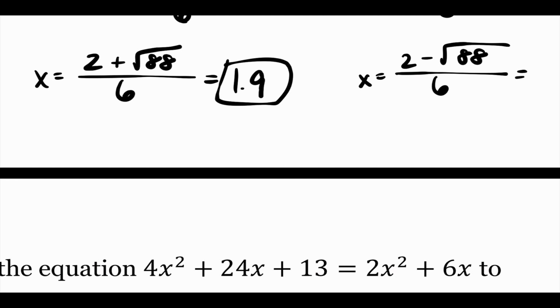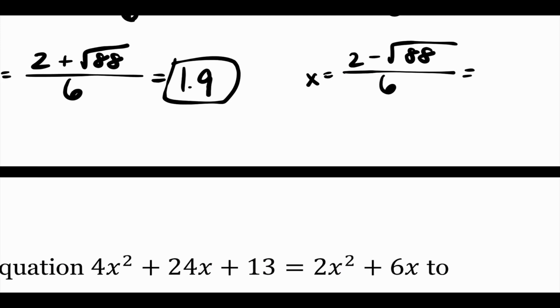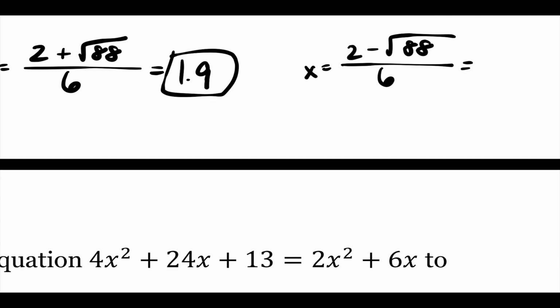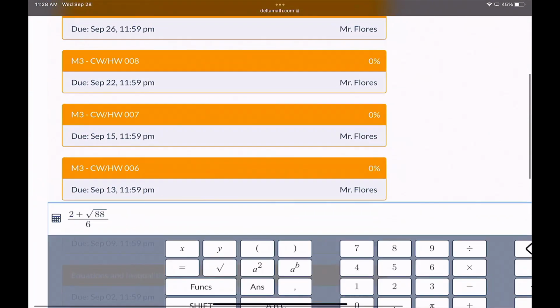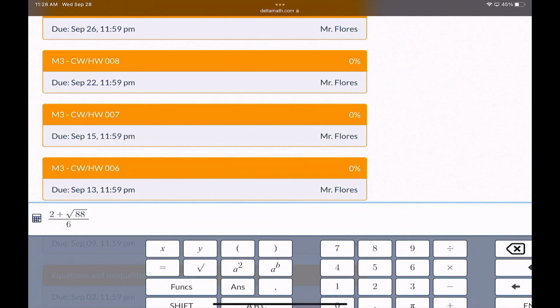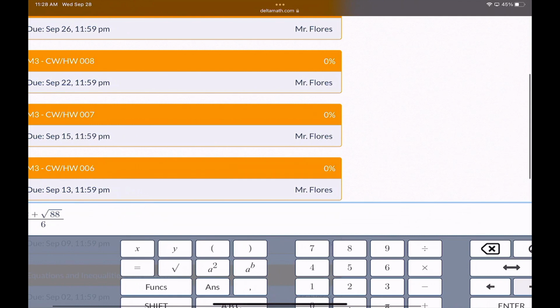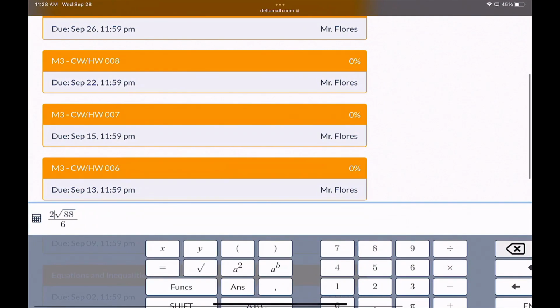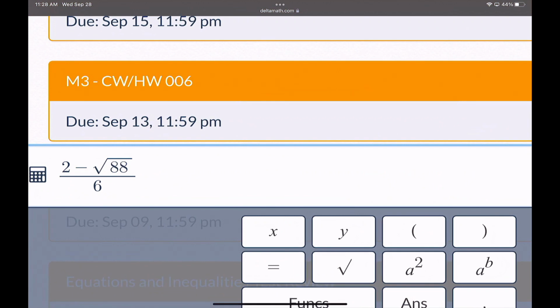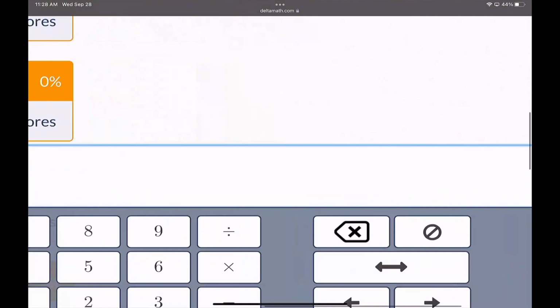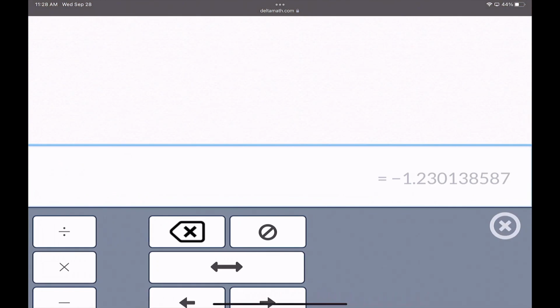Okay, so now let me do the second one. The second one is almost identical, just it has a minus in the middle instead of a plus. So I'm going to scroll back, and instead of a plus, I'm going to put a minus in there. So now I get negative 1.2301385887.